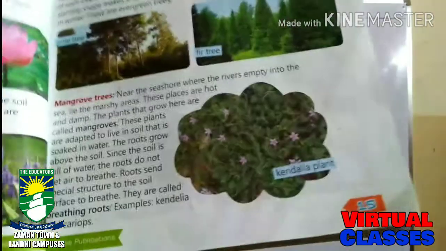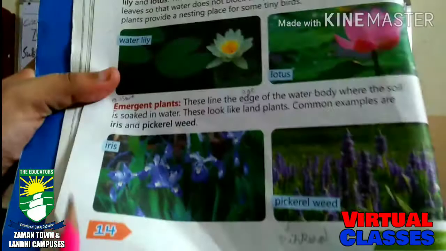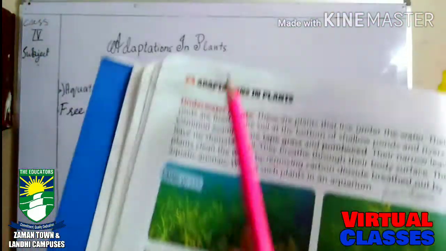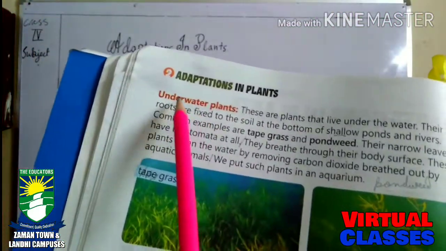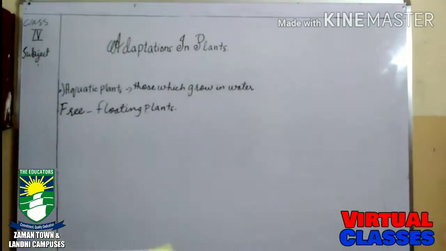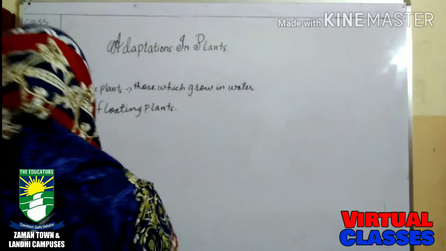Now turn to page number 14. Have you opened it? After this, underwater plants.